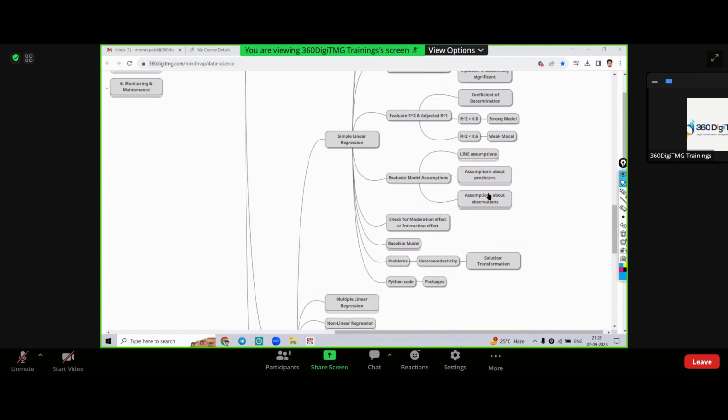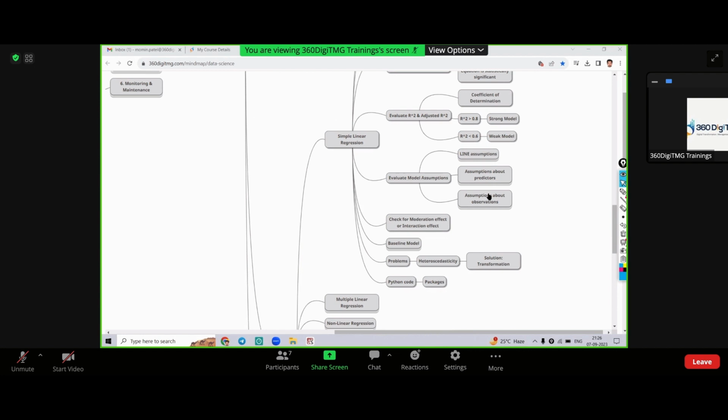Okay. A lot of things are there. We will discuss these also. Regression is a little bit time consuming, because if you get familiar with the concepts of regression, then the second time you will get more clarity. Second means in logistic regression or multiple linear regression, the same concepts will be repeated again.